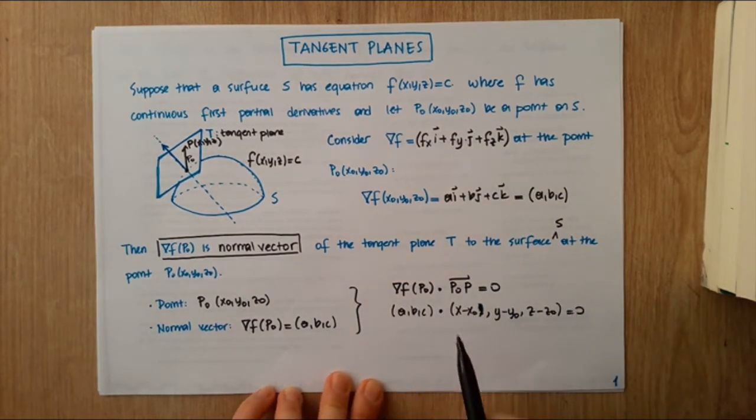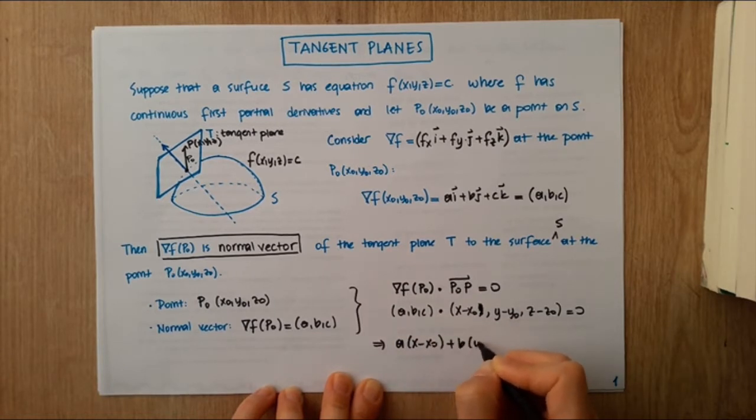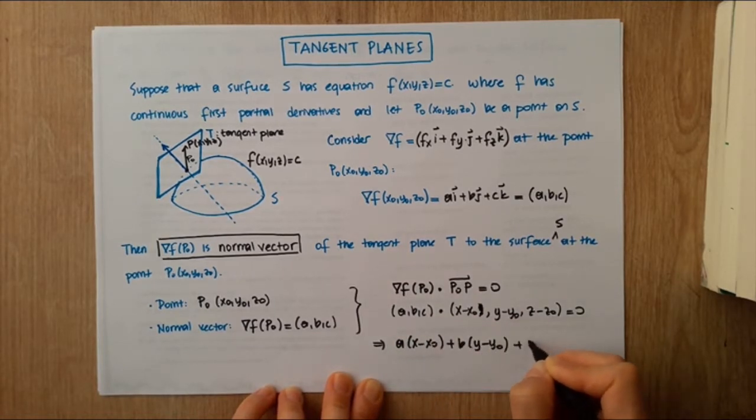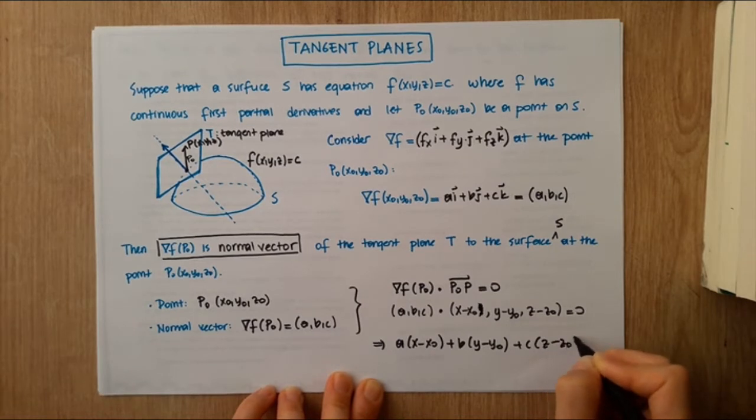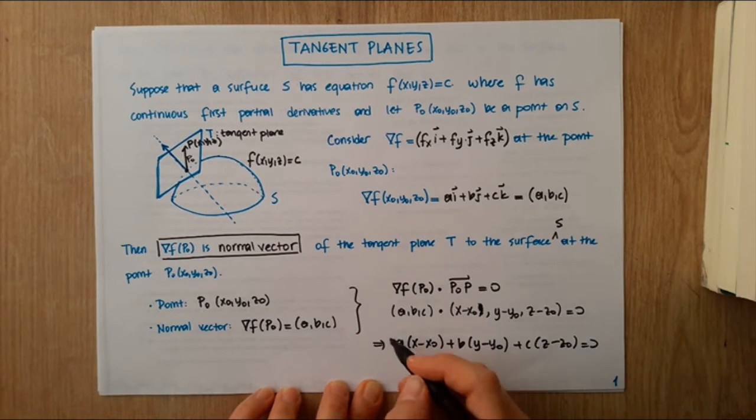And the dot product says that we multiply the first components and sum with the multiplication of the second components, and then the multiplication of the third components. So I have this equation: a times x minus x0 plus b times y minus y0 plus c times z minus z0 equals 0. This is the equation of the tangent plane. Okay.